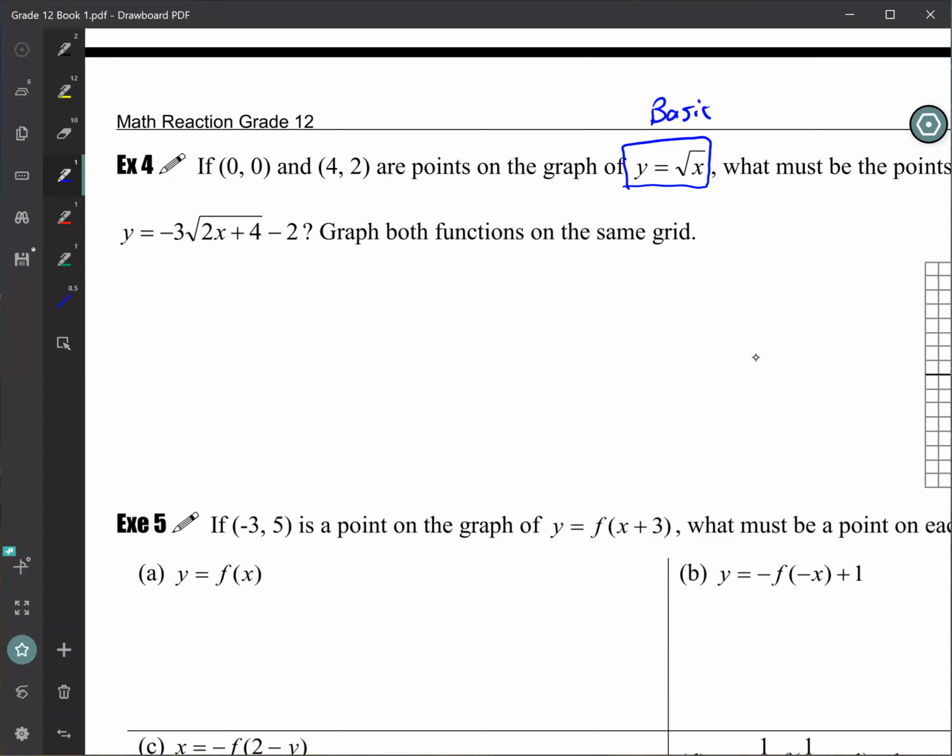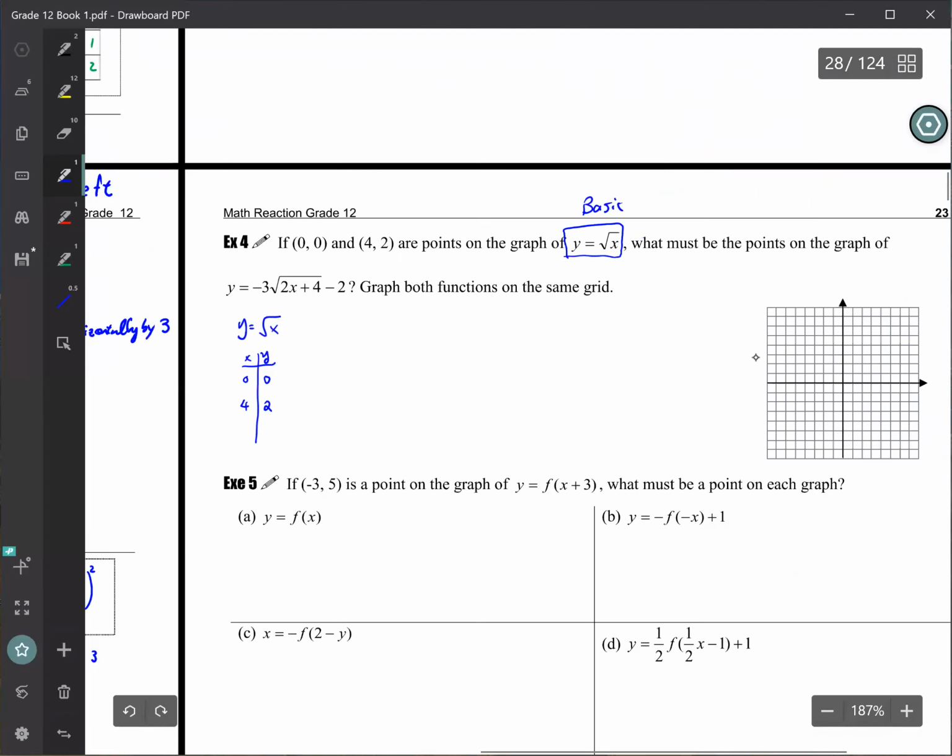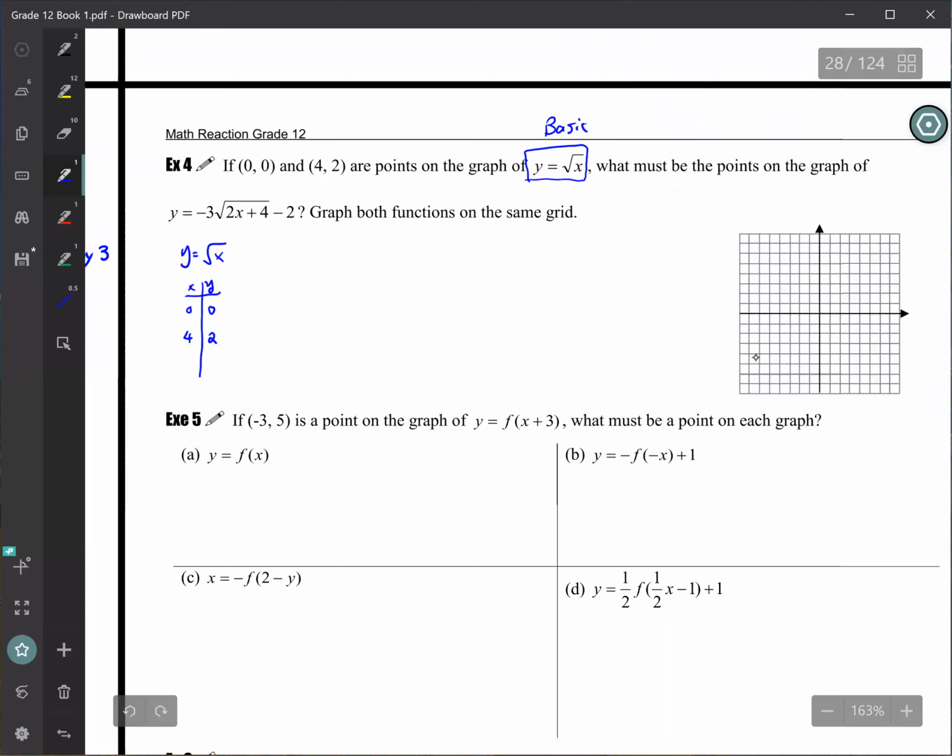It's the table. So let's write that out first. This is the original. You have 0, 0 as one of the points, and then you have 4, 2. This is the basic one. Now it's asking what must be the new point. What must be the point on this one? So this is the after.